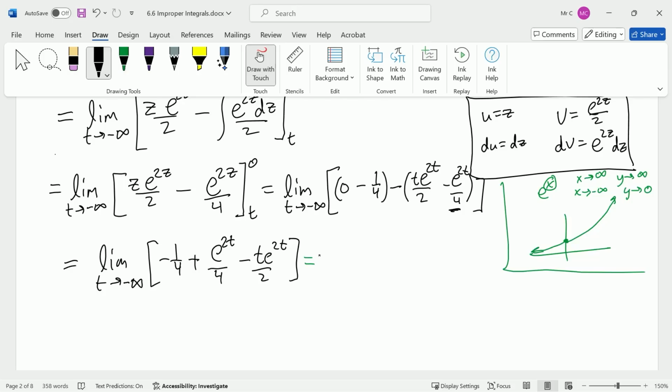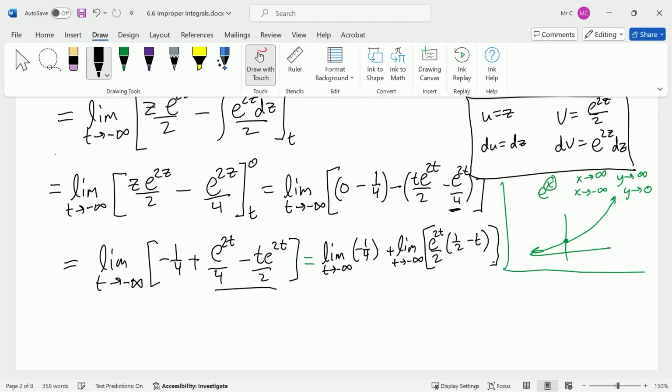One, we're going to split the limit on the sum: the limit as t goes to negative infinity of negative 1/4, plus the limit as t goes to negative infinity of the remaining expression. But I'm also going to factor out e to the 2t over 2 here, which gives me 1/2 minus t left inside.